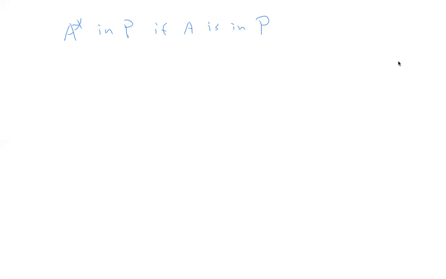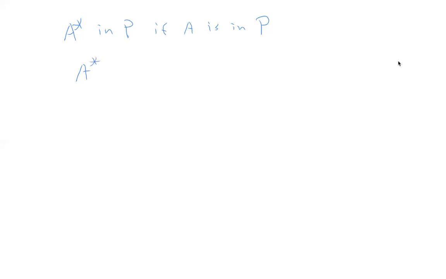So now I'm going to go over this problem again. Here A is any language, which is polynomial time computable or acceptable. Of course, in general, A is infinite, right?